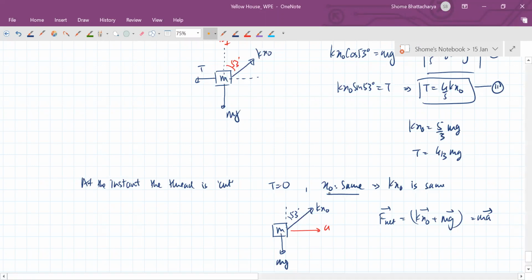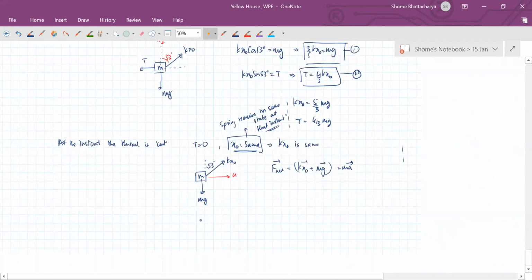So this is the same because the spring remains in the same state at that instant. It doesn't change its state immediately. That's why.